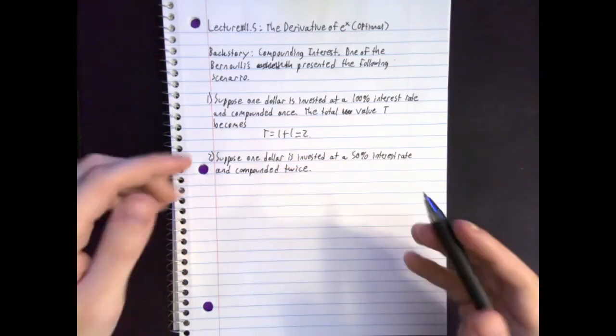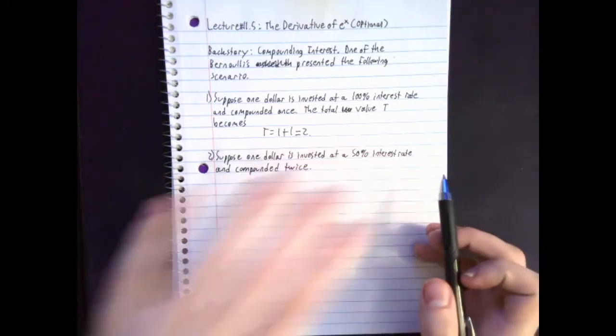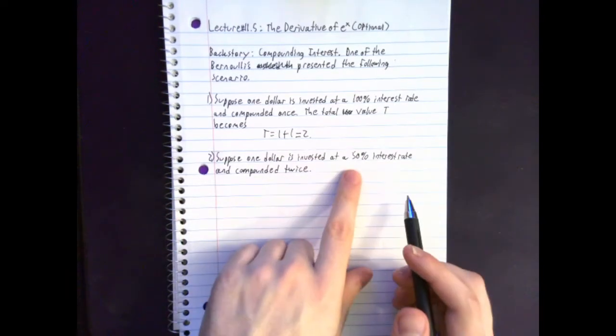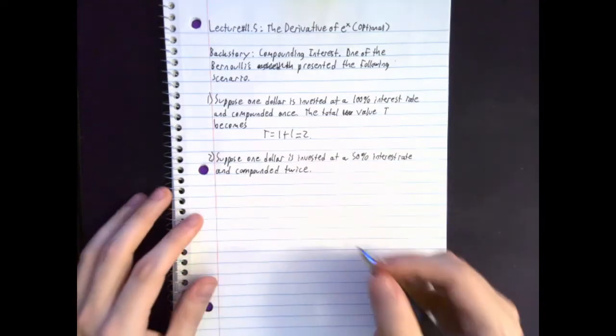So that is, I'm going to take your initial investment, multiply it by 50% and add that. That's the first compounding. And then that new total, I will take and multiply it by 50% and then add that to your total.